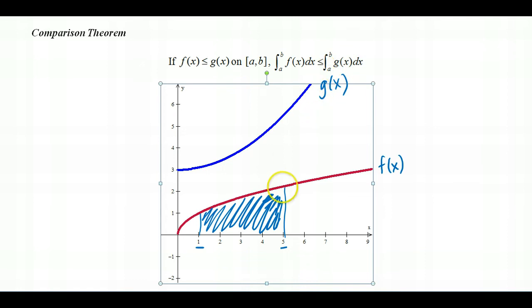Well, because g of x is always above f of x, now I have to go all the way to the g of x function, and I'm looking at all of this additional area plus the one that happens to fall below f of x. So this is just sort of an intuitive concept. If g of x is above f of x, then there's going to be more area under the function that is on top than there is area under the function that is below.